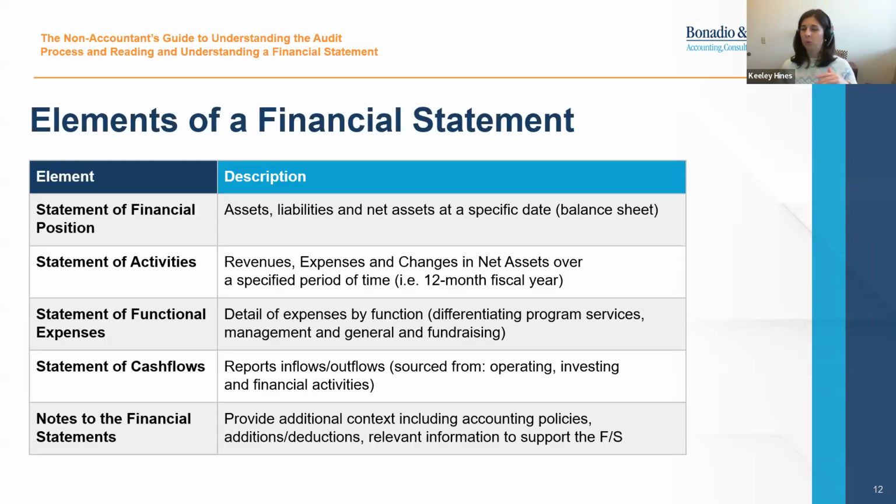I want to know which expenses went to what programs, what expenses related to fundraising, and what expenses were just our general overhead, management and general type expenses. And so that statement of functional expenses allows you to zero in on a particular program or function of your organization. So again, think of it as just drilling down into the detail of your expenses.